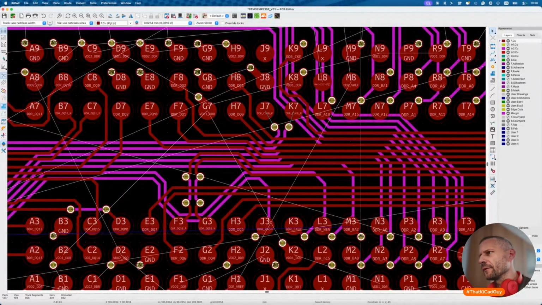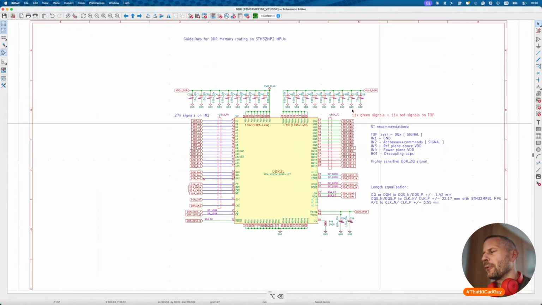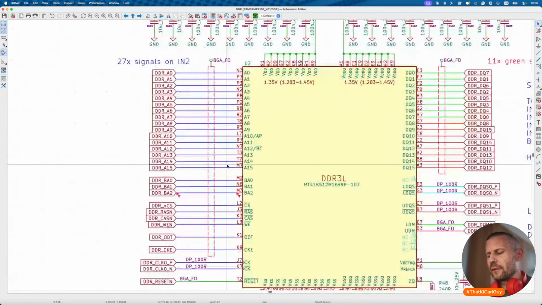It's an AC signal, which means that it's to be routed in the inner layer.